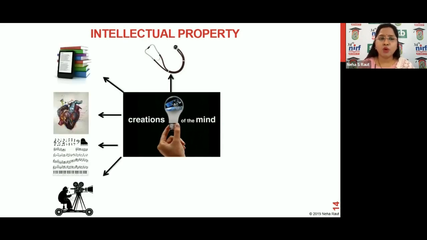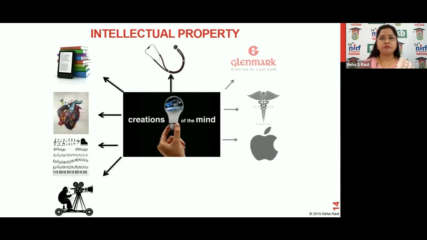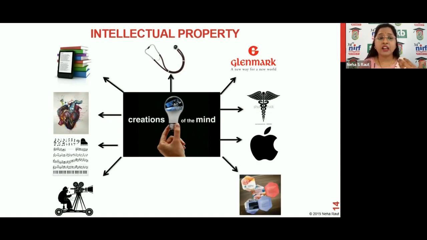Now you can see books, artistic work, musical notes, cinematographic work. This work is protected under the IP copyright. Then the logos, slogans, and particular design of a logo are protected under another IP, that is trademark. Then comes the label design. It is again coming under copyright.